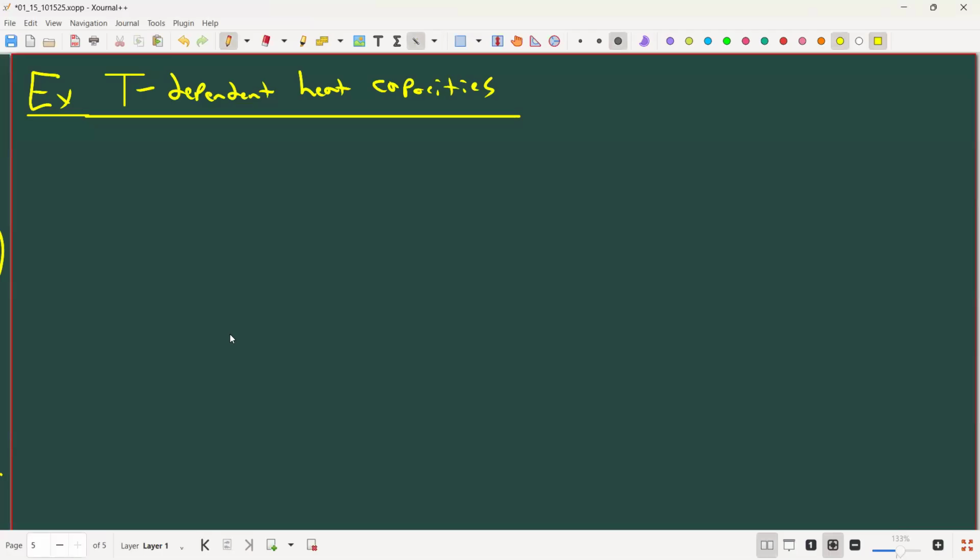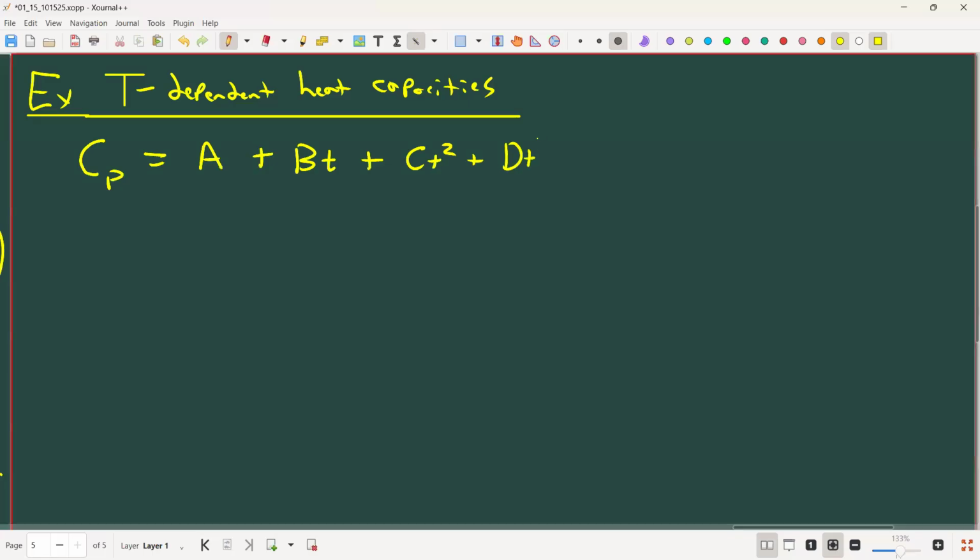All right, now let's just work out a little bit of math. So the heat capacity of our material is just a function. This is what's called the Shomate equation.